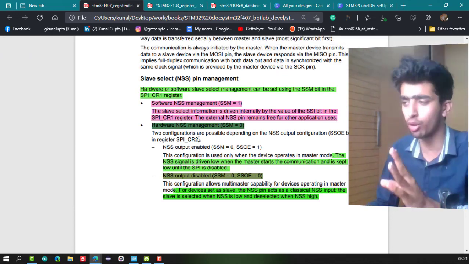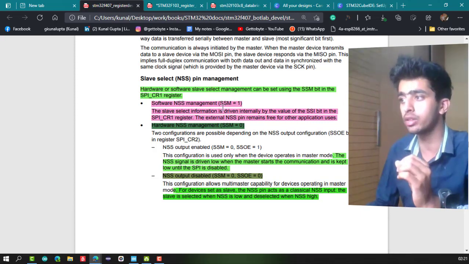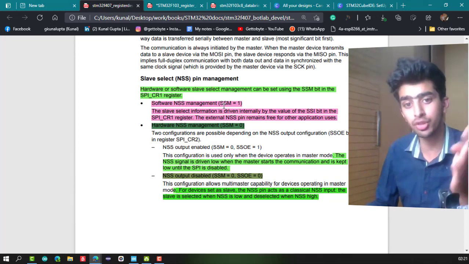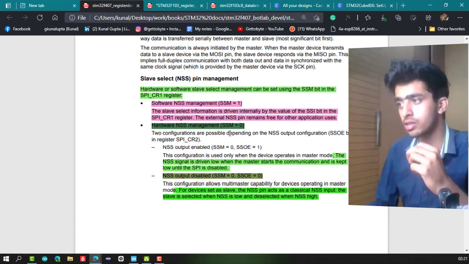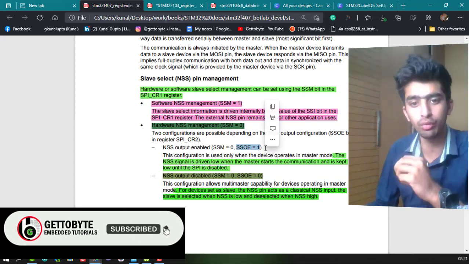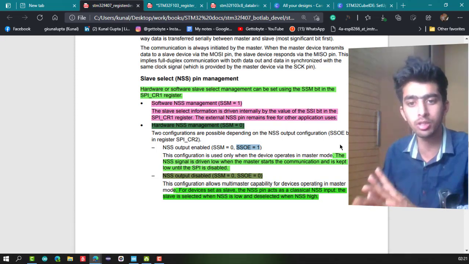The straightforward thing to remember is this. With SSM equals 1, the SSI bit, high or low, is used for starting and enabling my SPI communication. With SSM equals 0 in master configuration, the SSOE bit will be 1, and a normal GPIO pin will control my SPI device.